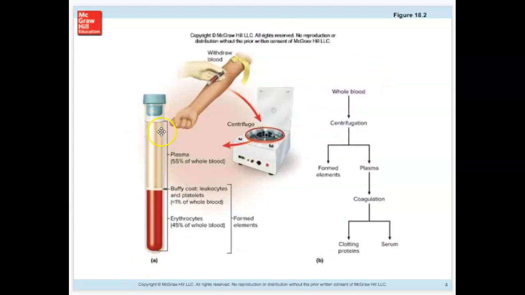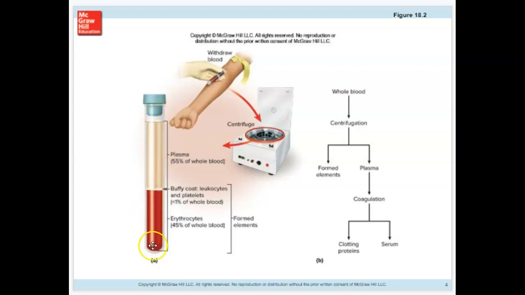When we separate our blood into the liquid part and the solid part after centrifugation, we're going to get this liquid part divided from the solid part.